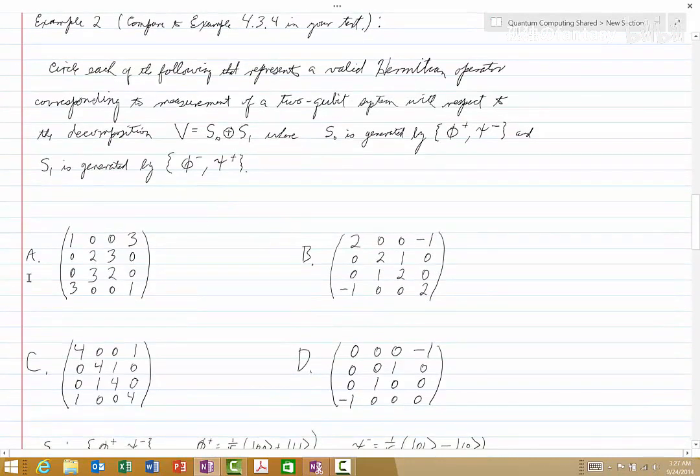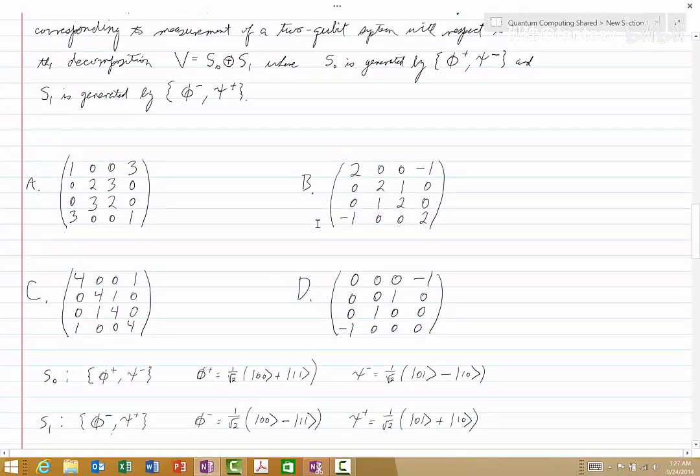And the choices are given here, A, B, C, and D. I just want to recall for you that S0 is generated by phi plus and psi minus, and S1 is generated by phi minus and psi plus.